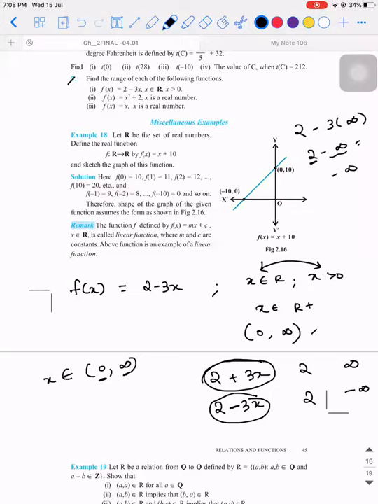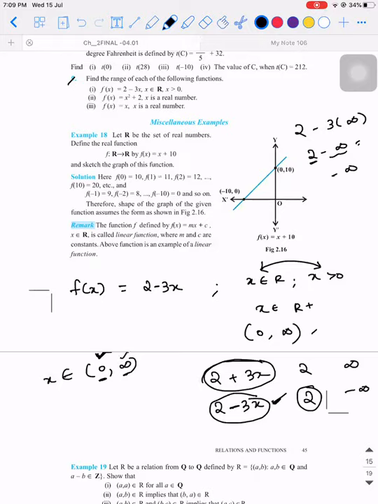Is this clear? So when the value of x in the function is after a negative sign, then when you're trying to calculate the range, you can substitute the least value and the maximum value from the domain. So when you substitute the least value in the function with a negative sign, the least value of x will generate the maximum value of y.